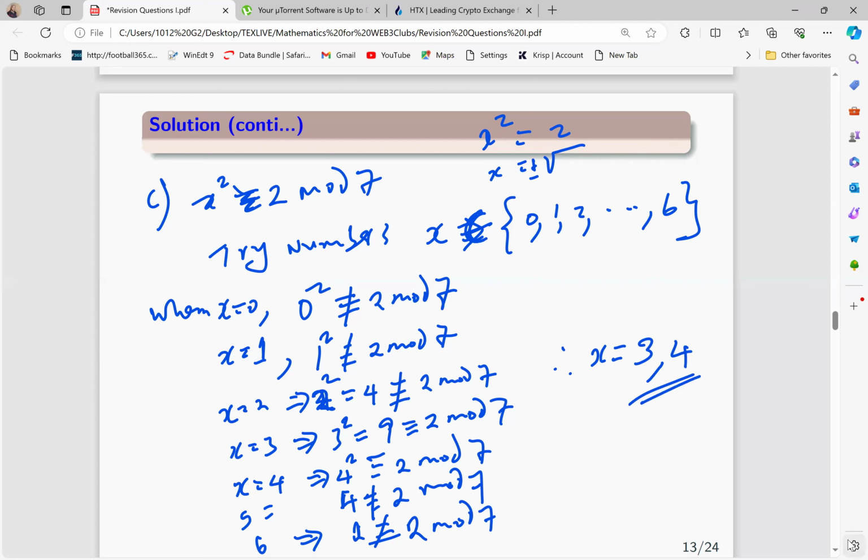X is 3 and 4. Those are the 2 solutions.